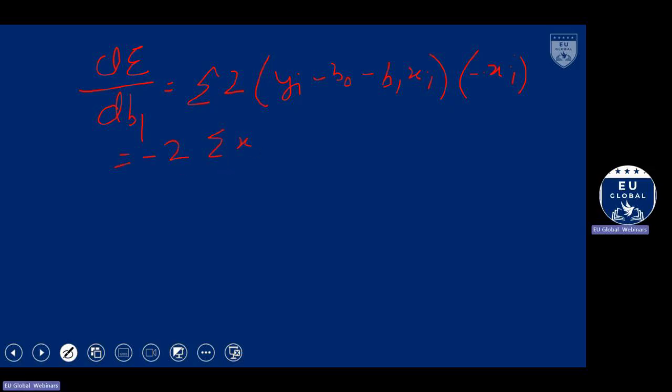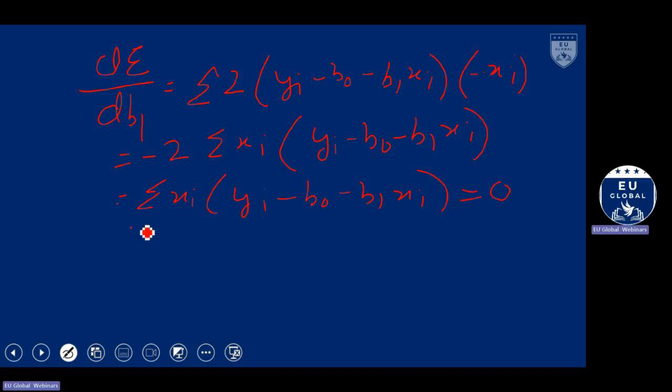Next we are going to apply the chain rule and find dE upon dB1. This will be equal to summation of 2 times yi minus beta naught minus b1 xi into minus xi, which we found from du by db1. So this will be minus 2 summation of xi times yi minus beta naught minus beta 1 xi, right? This again becomes summation of xi times yi minus beta naught minus beta 1 xi is equal to 0.